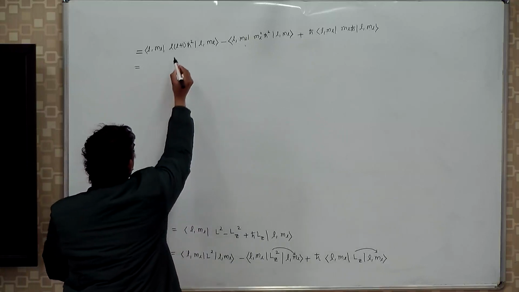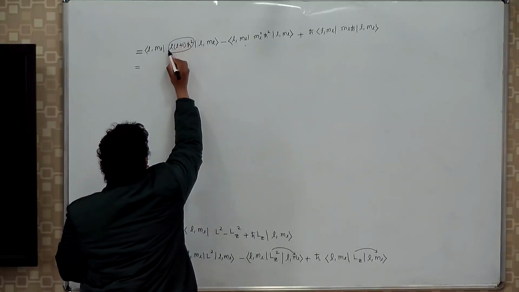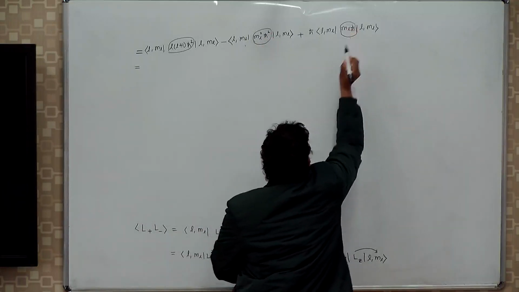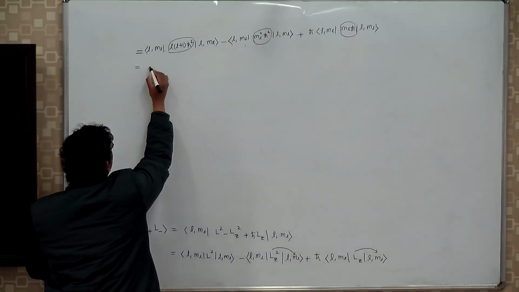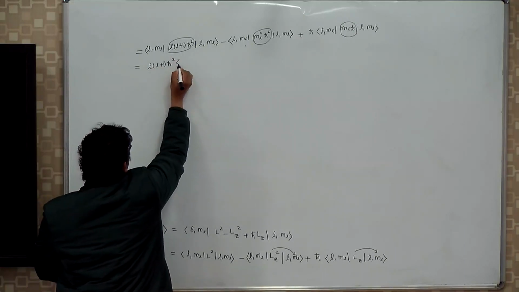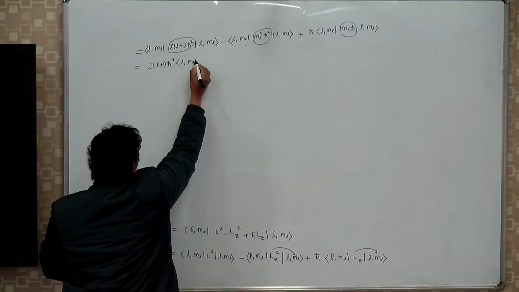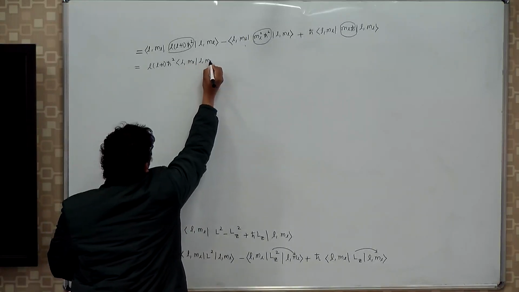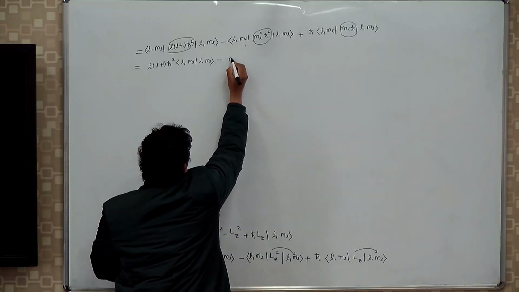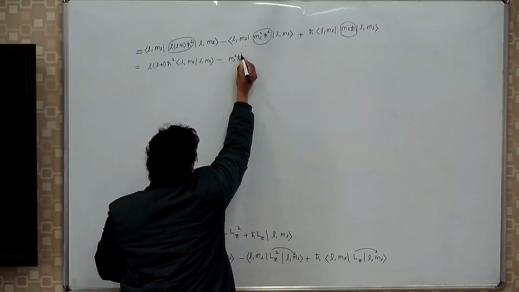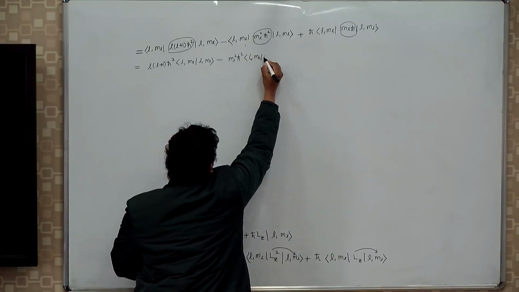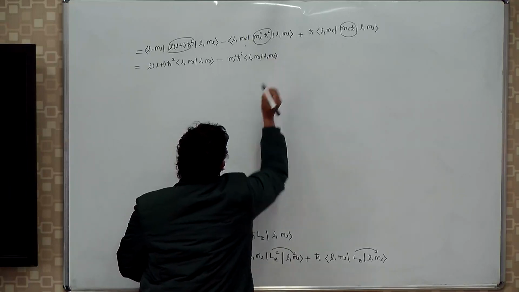Then we know that this is actually nothing but a number. This is also a number, this is also a number. We can take this constant value H cross squared out, and here if you take it out, ML squared H cross squared <L, ML|L, ML>.